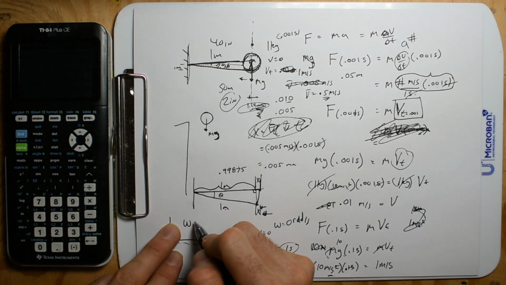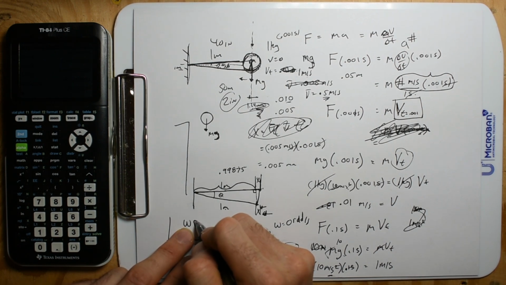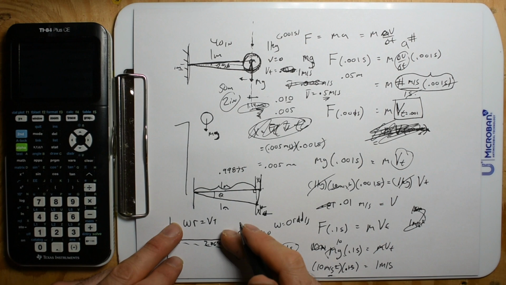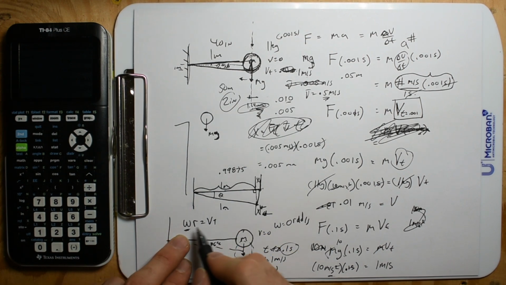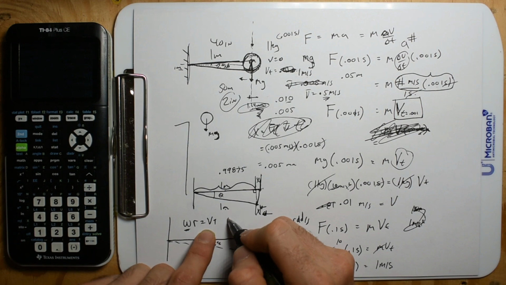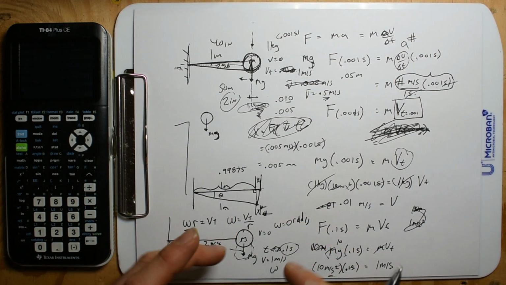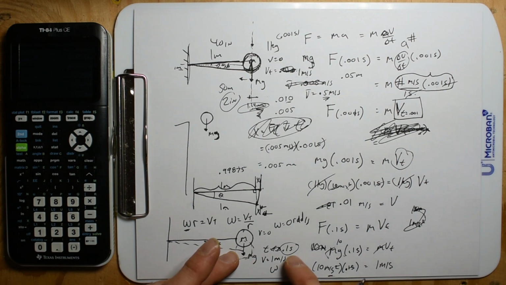Angular velocity in radians per second. Radians times radius is something normal as tangential velocity. I want to solve for angular velocity. So I'm going to say angular velocity is this tangential velocity divided by the radius. I found the tangential velocity after this 1/10 of a second. It was 1 meter per second.